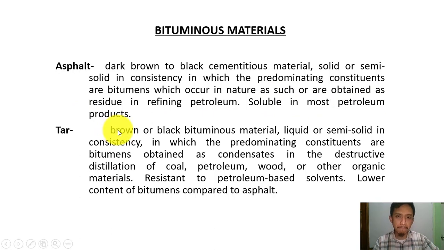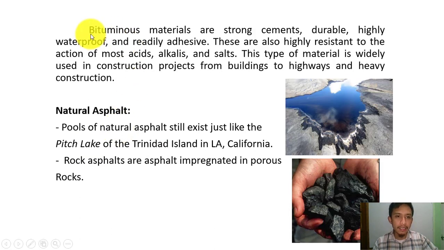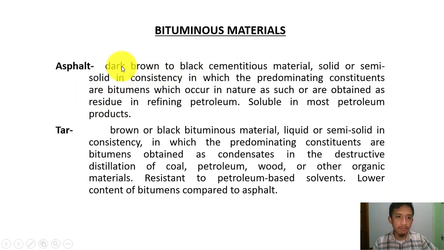By the way, again, the main ingredient here is the bituminous material, what we call the bitumens, and then that will be an asphalt. That is a type of bituminous material, asphalt, which is obtained from a residue of refining petroleum.